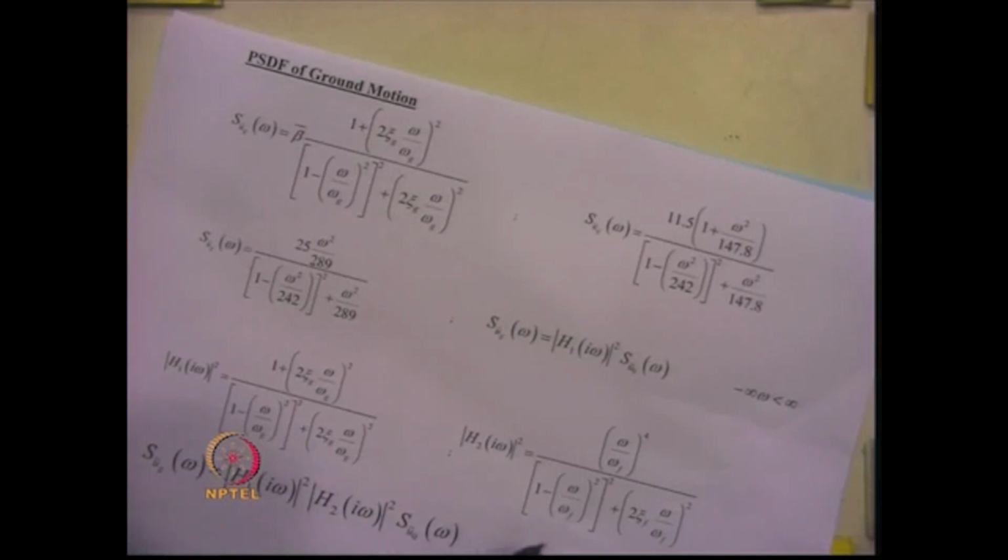The general type of the power spectral density function equation was provided by Clough and Penzien.